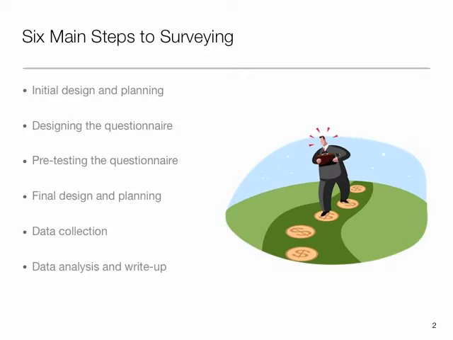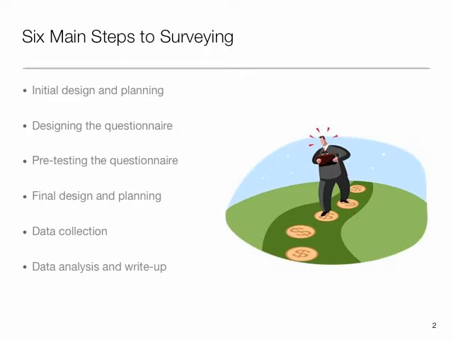So after taking a look at some of the key considerations when you're doing quantitative research and surveys and questionnaires and things like that, I just wanted to go over some key steps to doing surveying. Very simple, but very important.